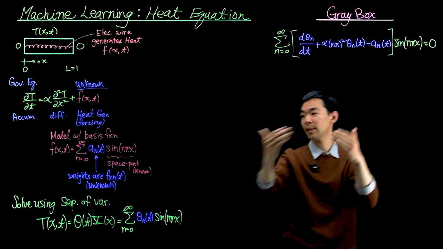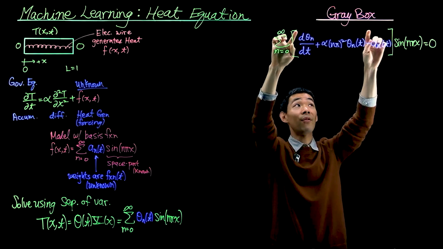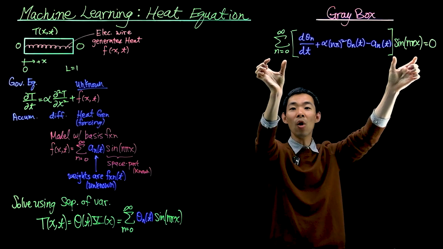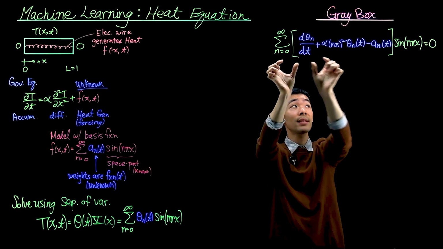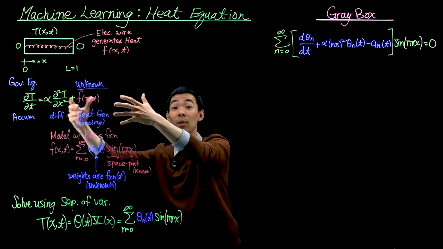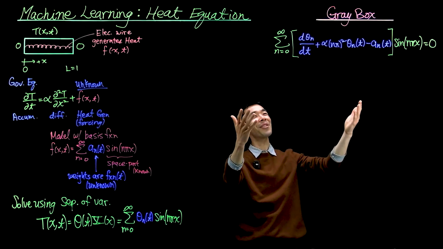This right here is exactly what we have in the forcing function. What I've done here is just skipped one step. I've factored out the summation and the sine n pi x. I hope you can see that if I were to multiply the sine n pi x into each term, you'd exactly get back what each of the terms are if I were to just simply plug it in. Okay, so we get this equation.